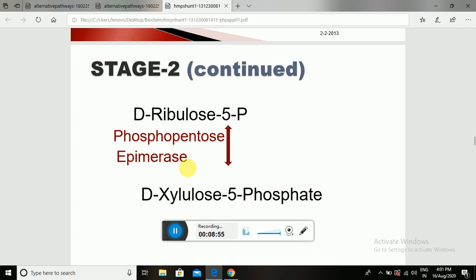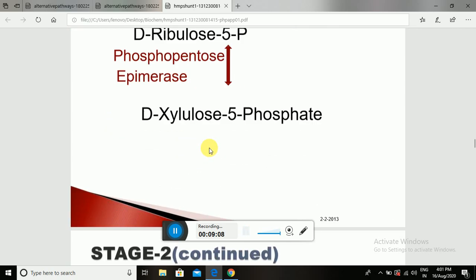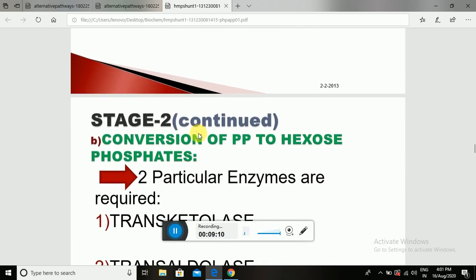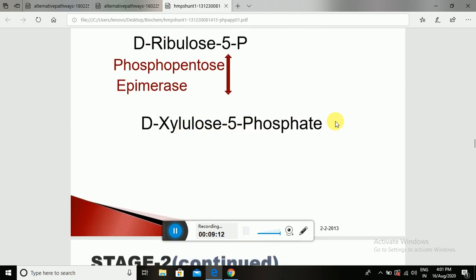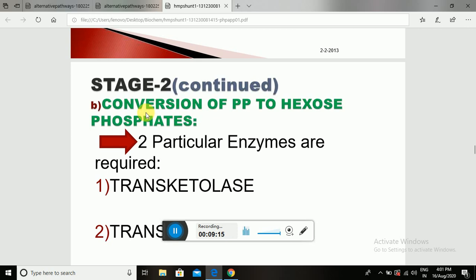Only the hydroxyl group changes because of the enzyme phosphopentose epimerase. Then this D-xylulose 5-phosphate will move into the second reaction.